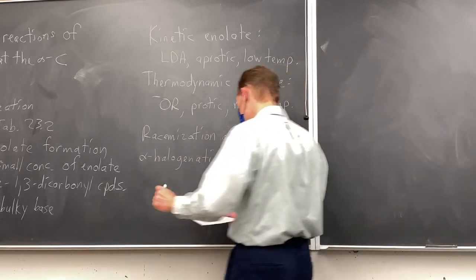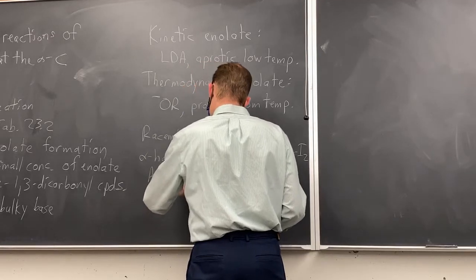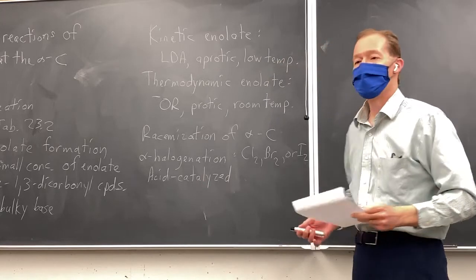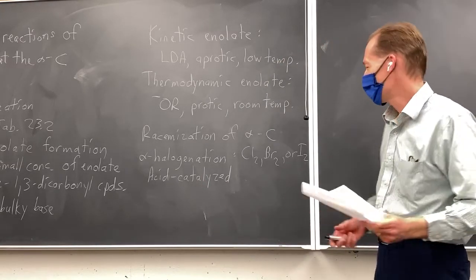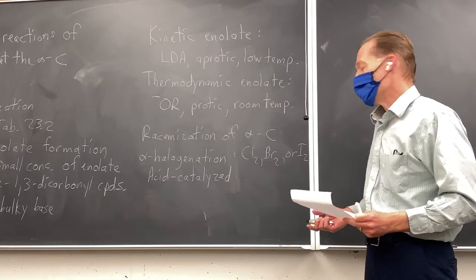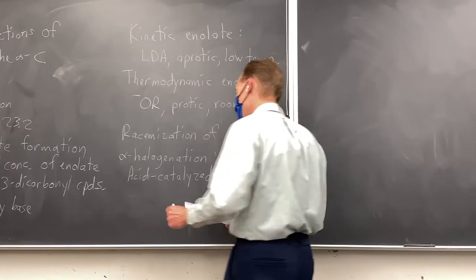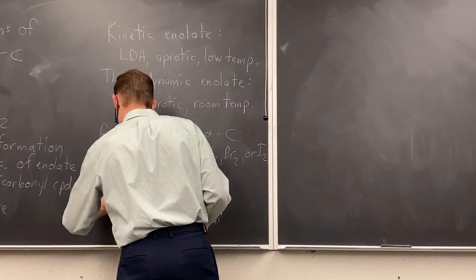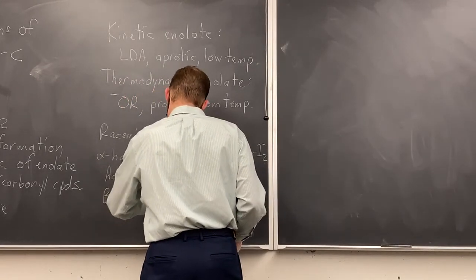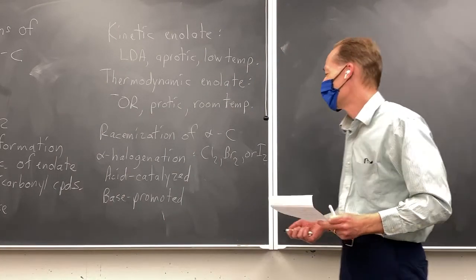We had the acid catalyzed version. That typically involved the use of acetic acid as the solvent and also as the acid catalyst. So you should be able to draw a mechanism for that reaction. And then we had the base promoted halogenation. We say base promoted because the base was consumed in this case. It's not regenerated.